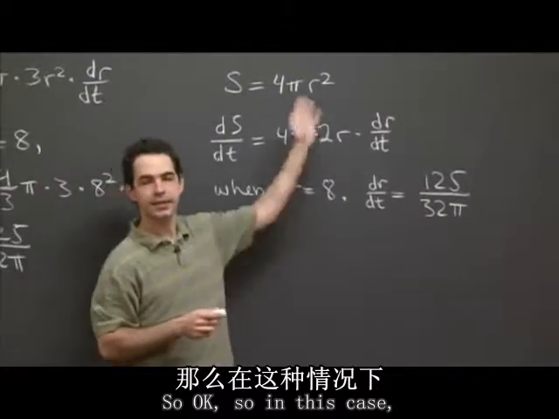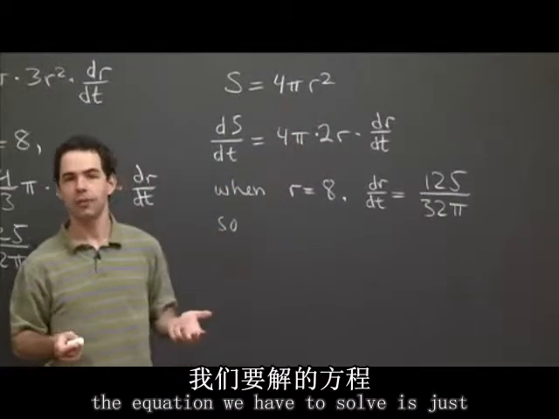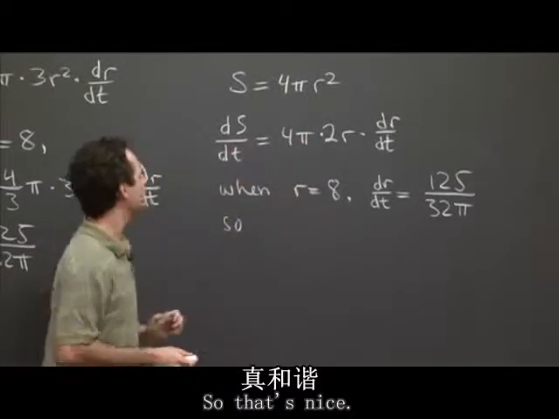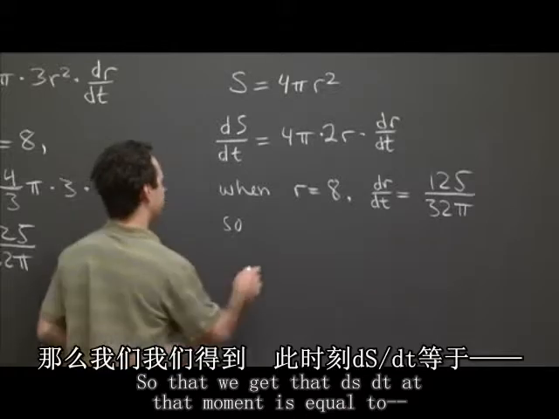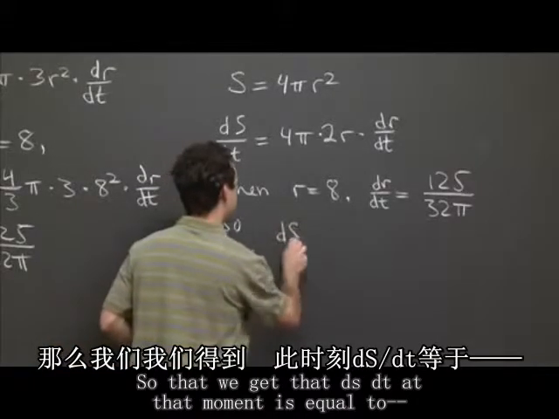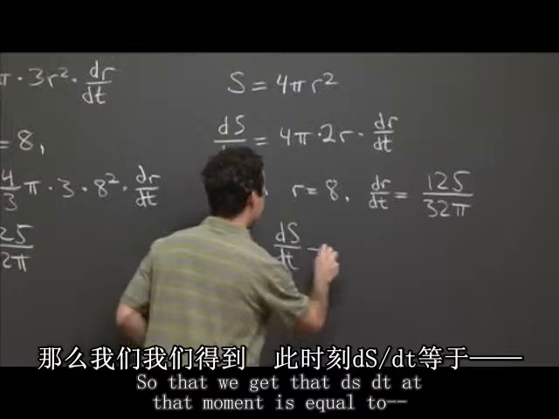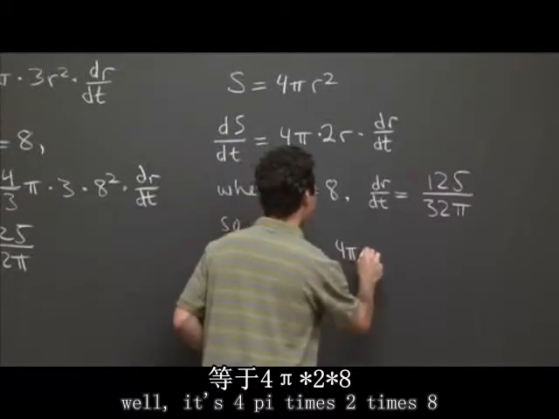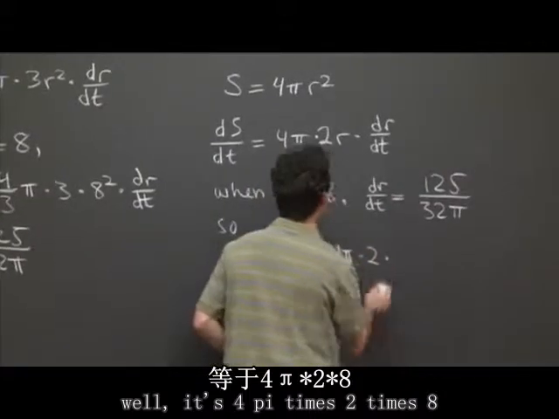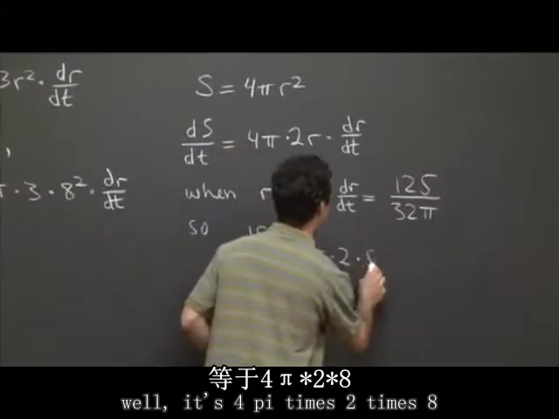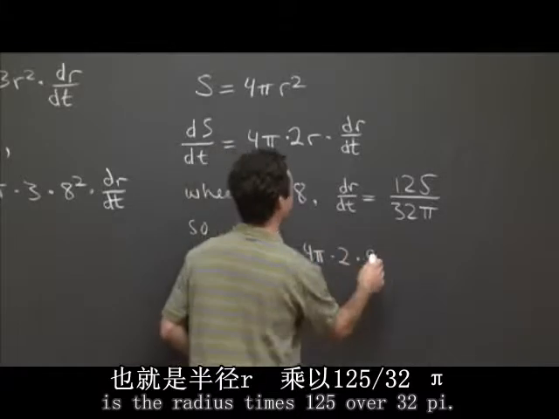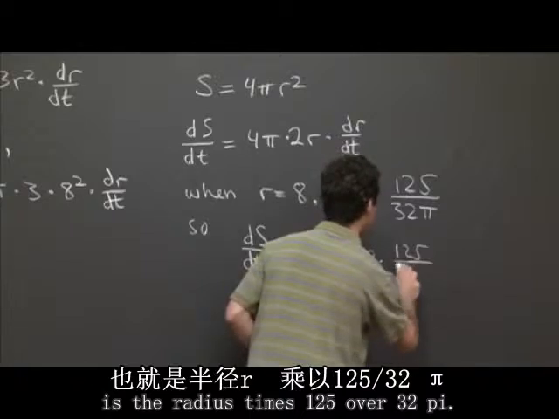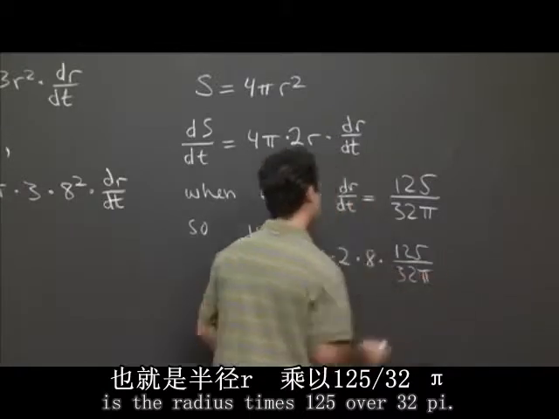In this case, the equation we have to solve is completely straightforward. We just plug in the values, and it's already solved for us. So dS/dt at that moment is equal to 4 pi times 2 times 8, the radius, times 125 over 32 pi.